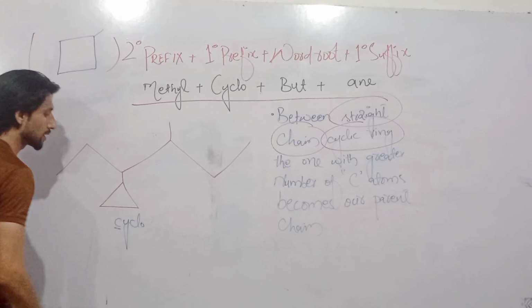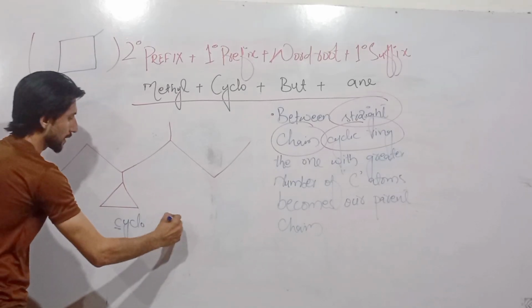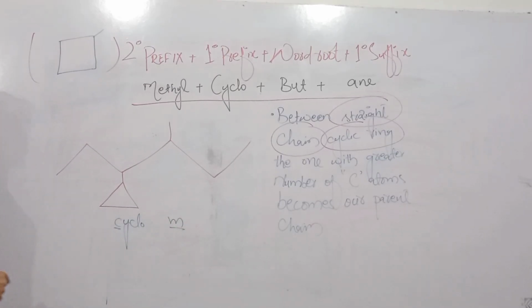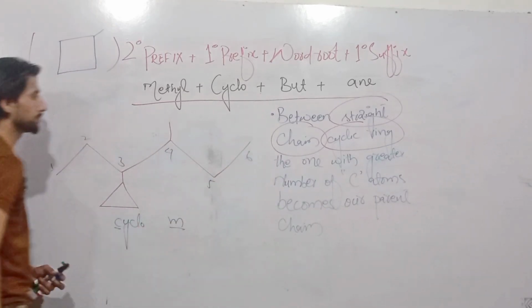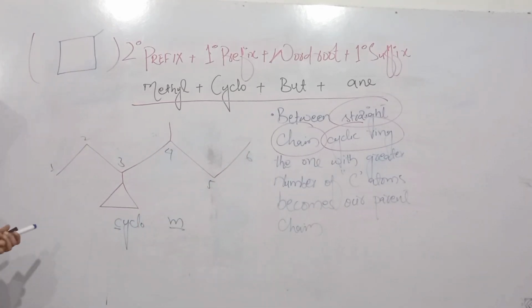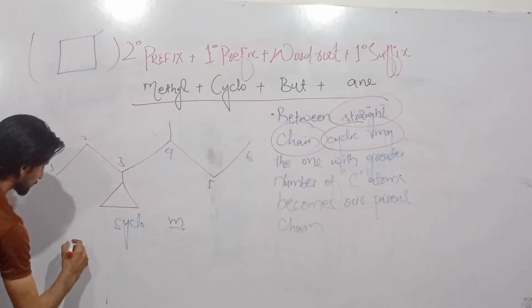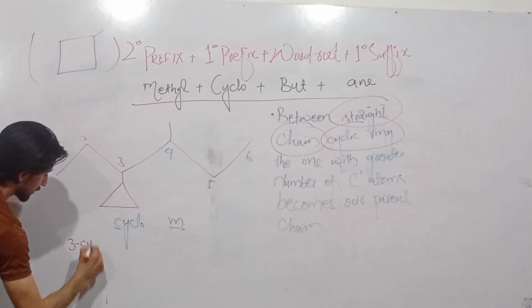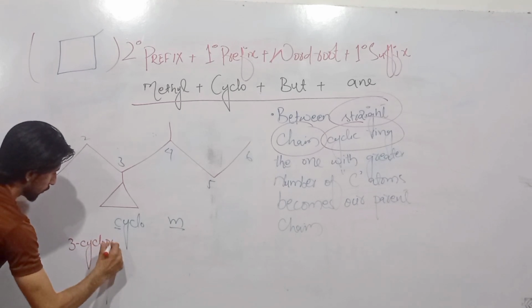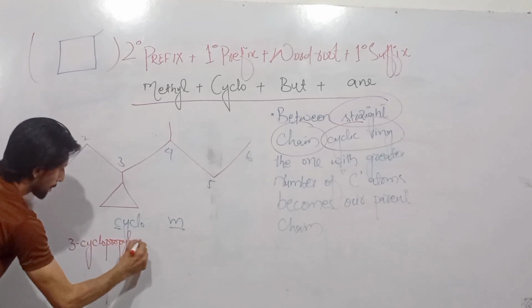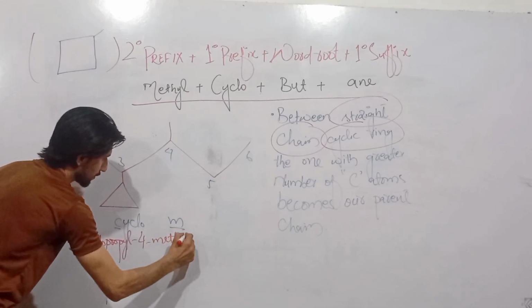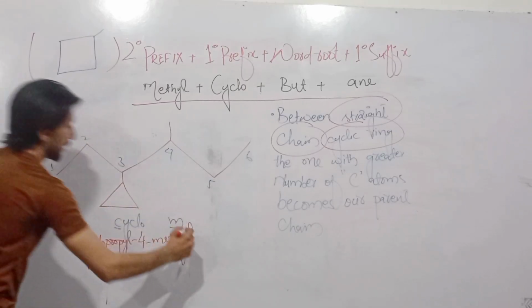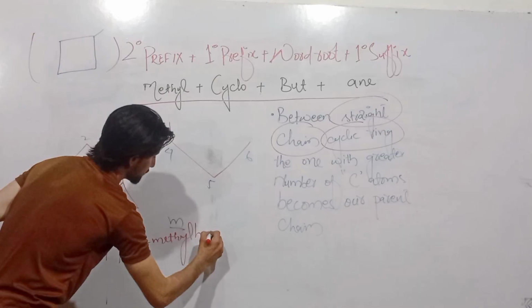Cyclo, C, comes first, then methyl, M. So we should number it from this side: 1, 2, 3, 4, 5, and 6. So the final name for this compound is 3-cyclopropyl-4-methylhexane.